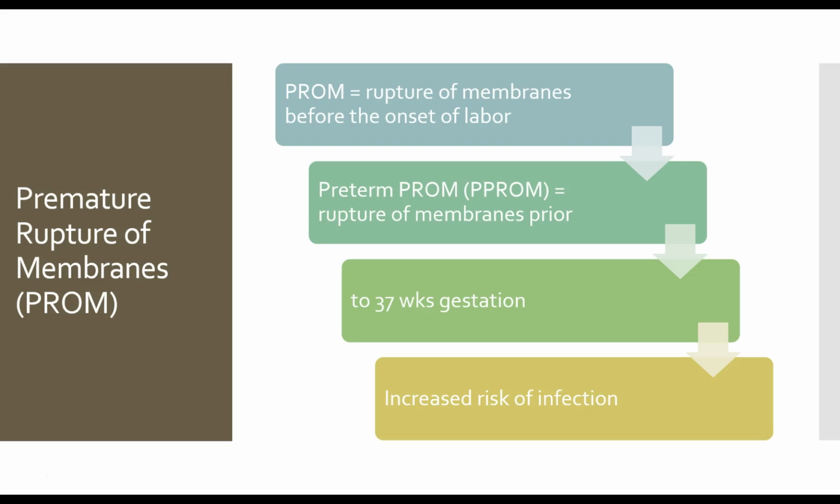There is also preterm premature rupture of membranes, which happens before 37 weeks. Obviously, increased risk of infection because once the membranes rupture, there's an open conduit then to the uterus from there.